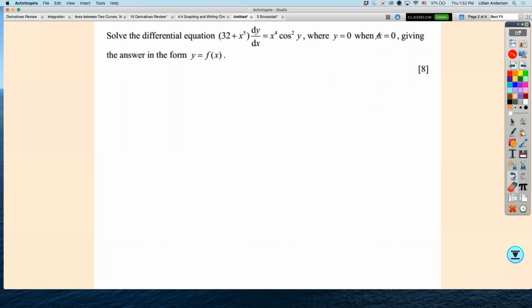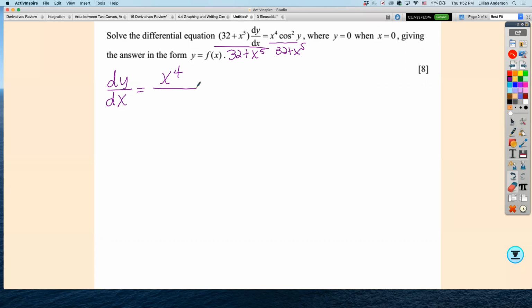So you divided by 32 plus x to the fifth. The right side is divided by cos squared y, to give us dy/dx times 1 over cos squared y.